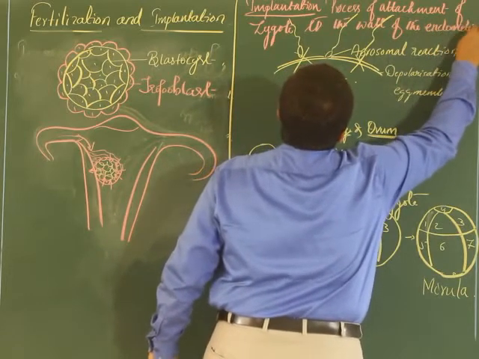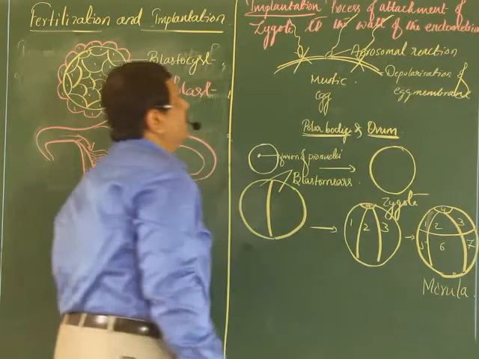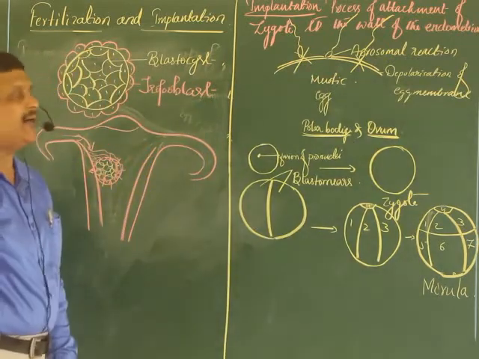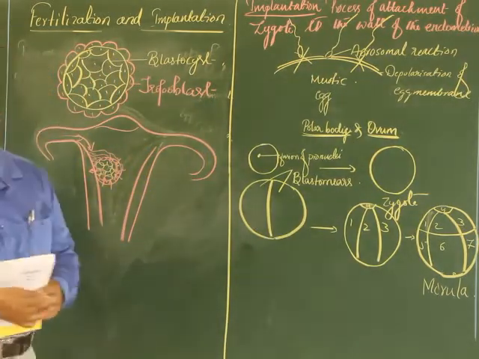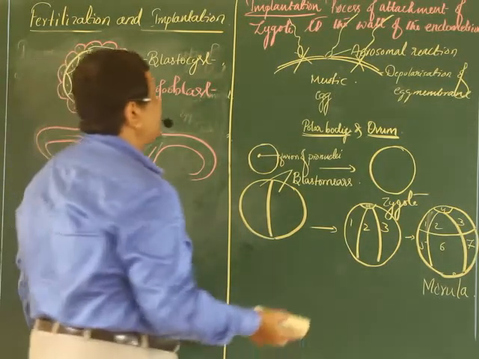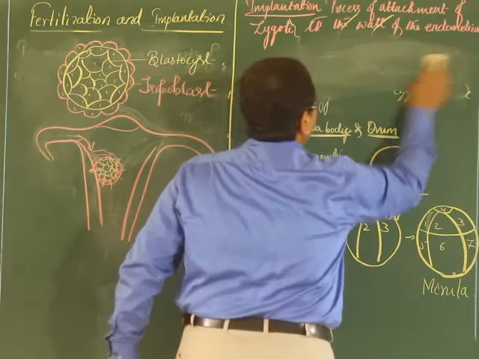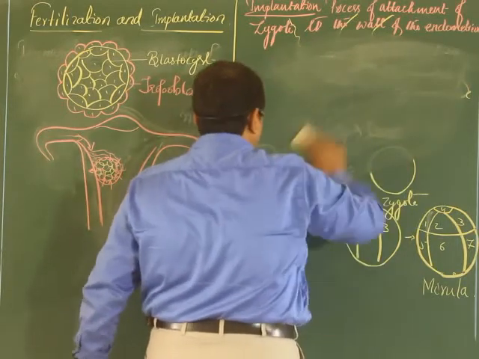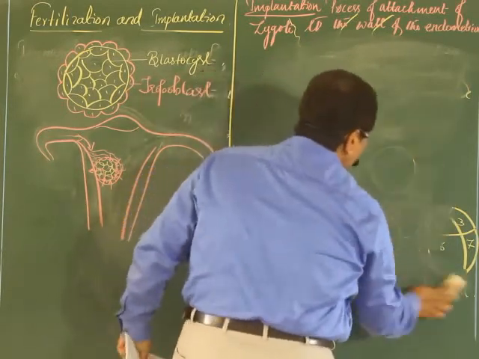They may ask this for 1 mark. So, what is implantation? It is the process of attachment of zygote to the wall of the endometrium.